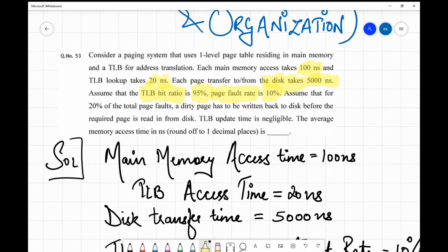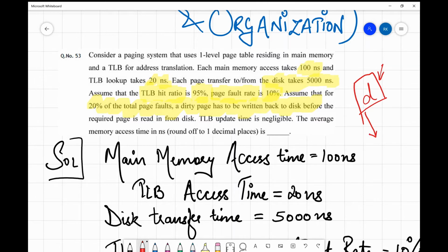Now, another important thing they have added to this question is that assume that for 20% of the total page faults, a dirty page has to be written back to the disk. This is very important, as you all know that there is always a dirty bit, which indicates whether the changes made to a local copy of a particular page have been made to the original copy or not.